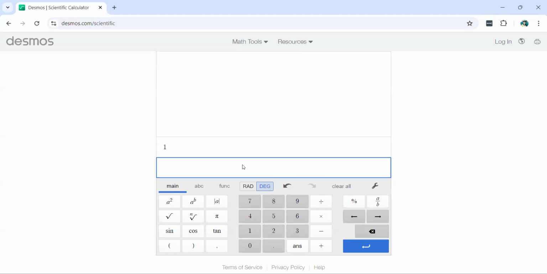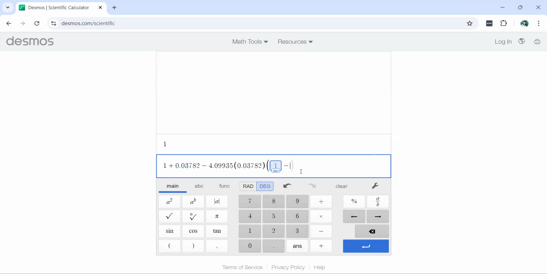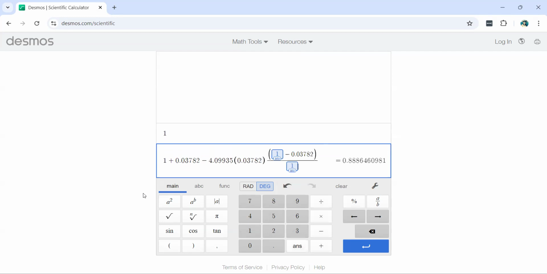And we write the equation: 0.03782, let me copy that because we will always use that, for 4.09935 multiplied by that value multiplied by n minus that value, and this whole thing divided by n squared.